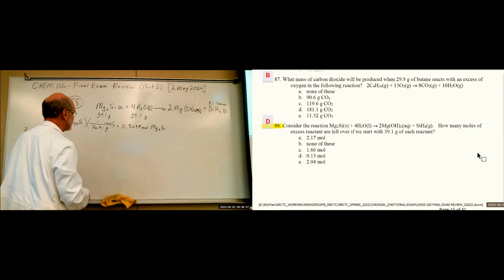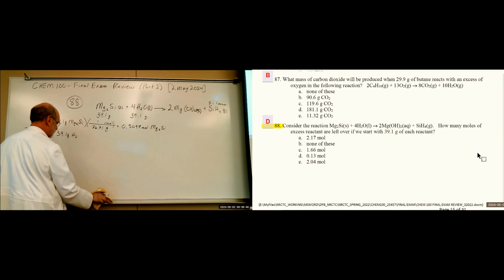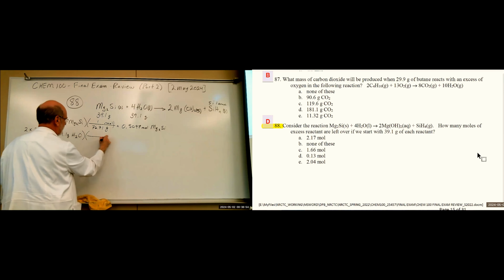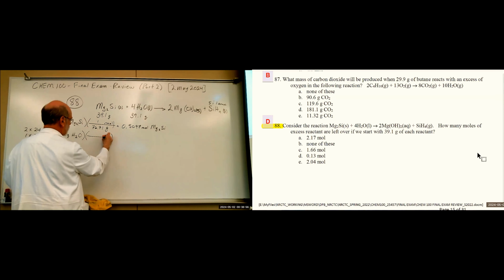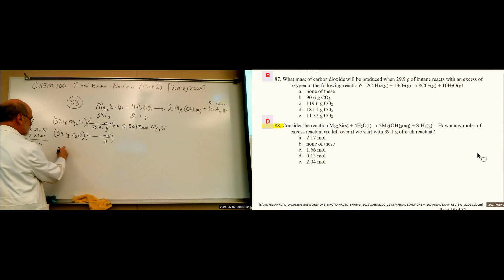Okay. Now let's do the same thing for water. Grams per mole. I have that one memorized, but here's how you do it. 2 times hydrogen and 1 times oxygen.